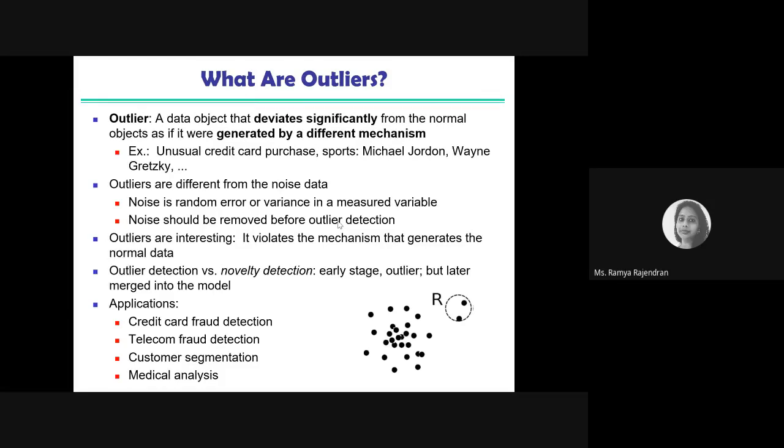For example, I was talking about a completely unusual credit card purchase happening in a different place at a different point of time. Similarly, the records of Michael Jordan or very famous cricketers with very good scores will definitely look like outliers when you compare them with the rest of the people.